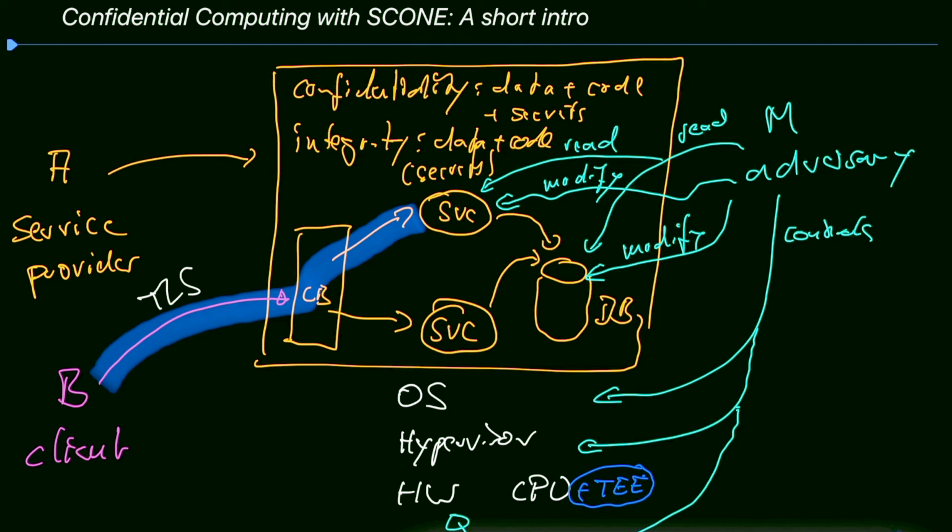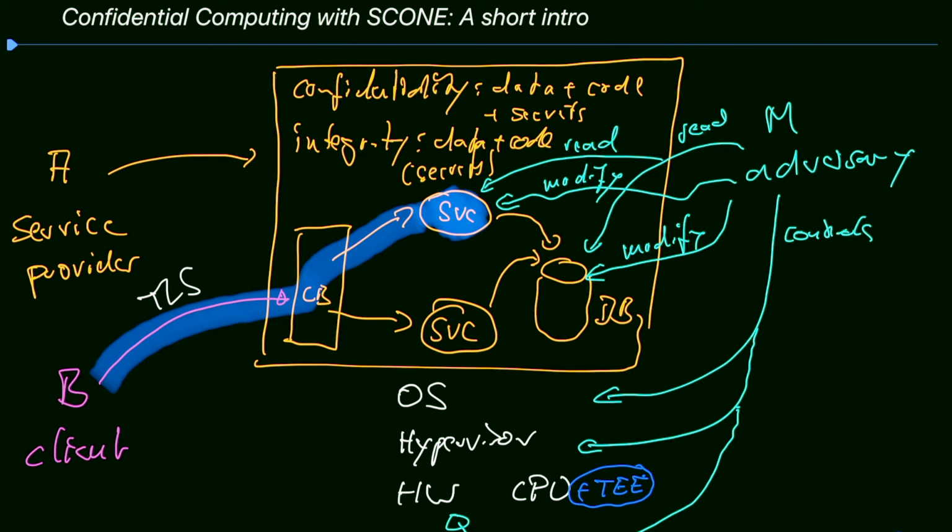So therefore, we have to protect the endpoint. So the service has to be itself protected. And in this case, we want to have the service running in an enclave, a trusted part of the memory that is implemented by a part of the CPU, which is called a trusted execution environment.